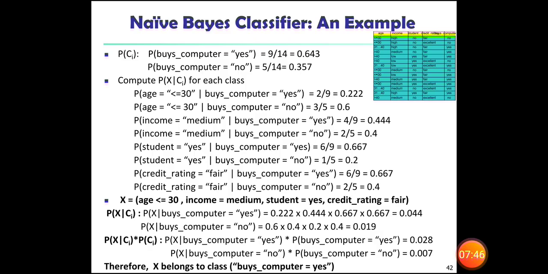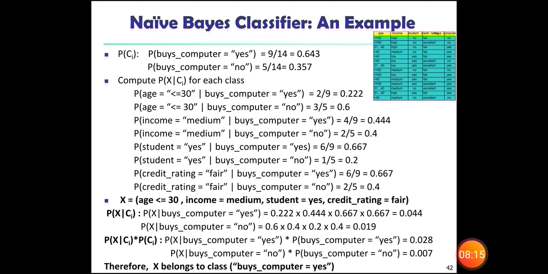The same way for this also. See, the 4 is the yes and 9 is the number of mediums with respect to this income. And another one, P of income equal to medium, given Bayes computer status is no, then 2 by 5 equal to 0.4.